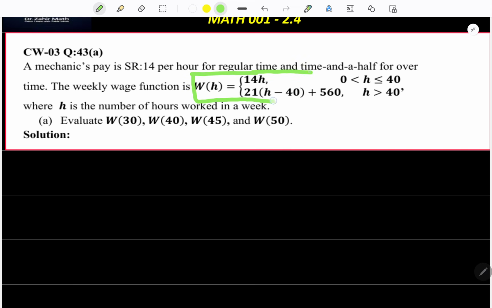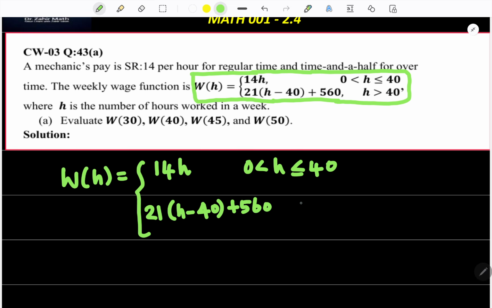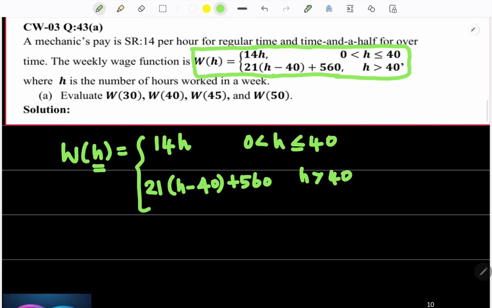W of H is equal to 14H for 0 less than H less than or equal to 40, and 21(H minus 40) plus 560 for H more than 40. H is the number of hours, something like x.